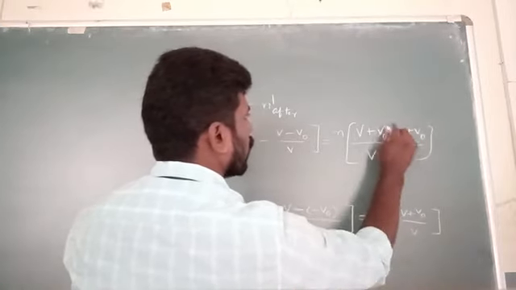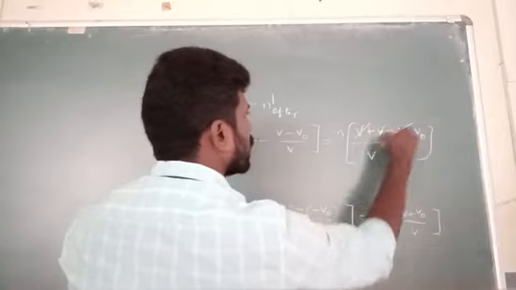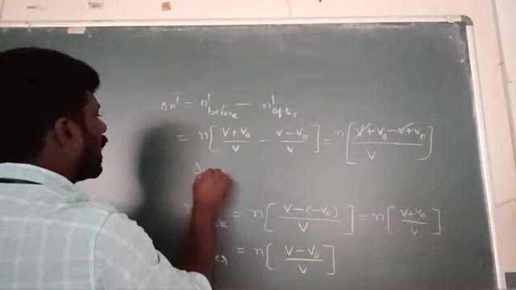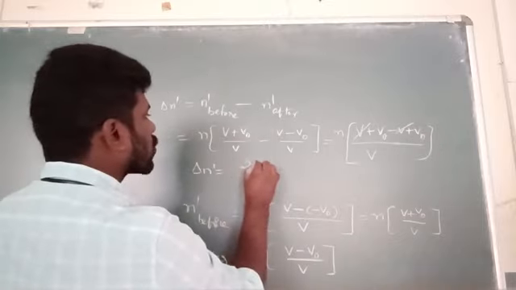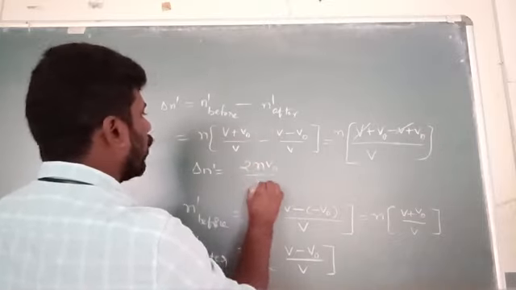V gets cancelled. Delta n dash equals V naught plus V naught, which means 2 V naught. That means 2n V naught by V.